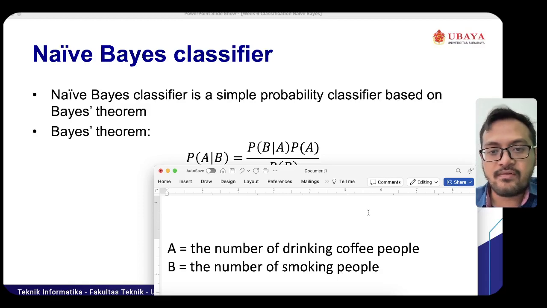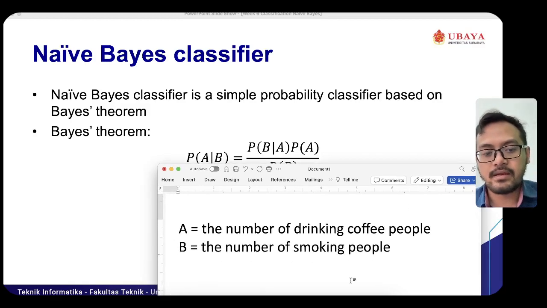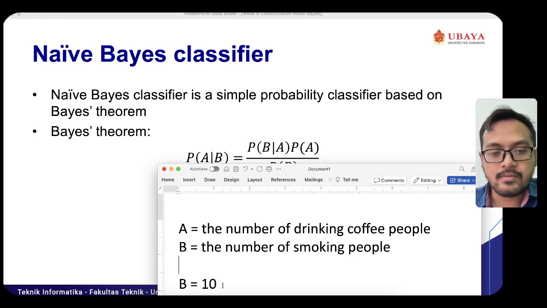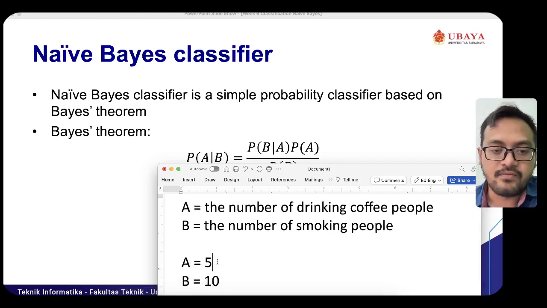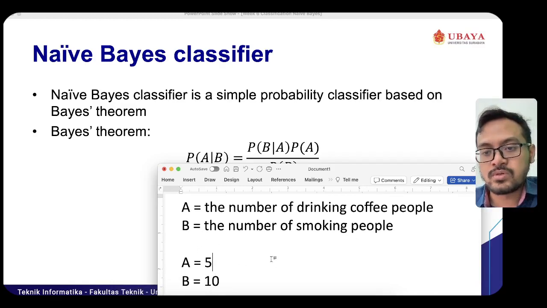For example, we have B equal 10. It means the number of smoking people is 10 people, right? And A, for example, equals 5. So it means 50%, right? 50% of the smoking people are also coffee-drinking people.